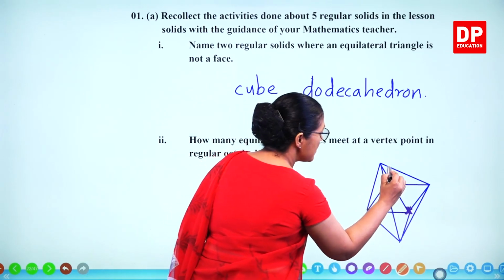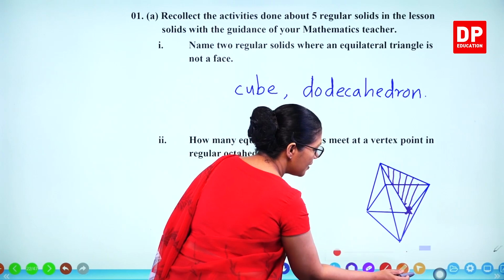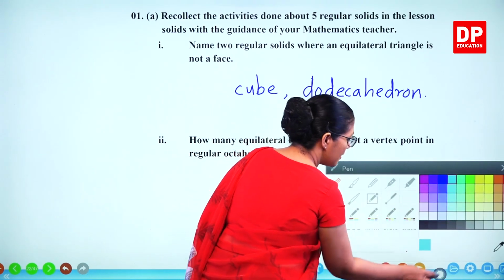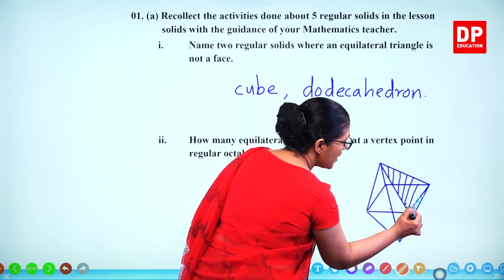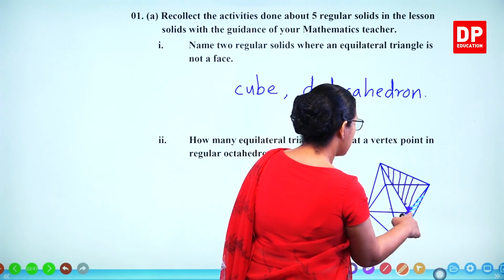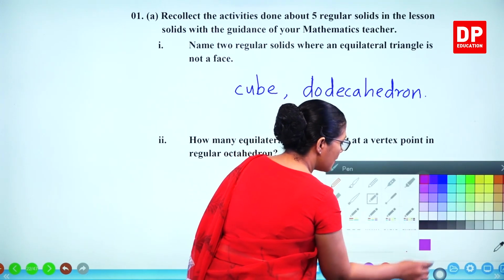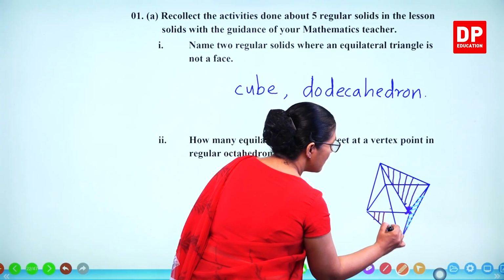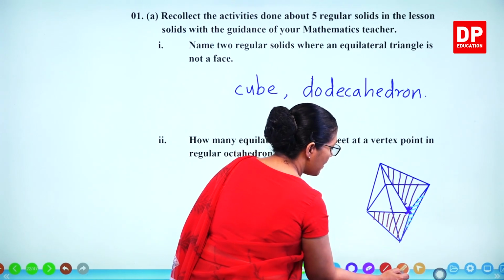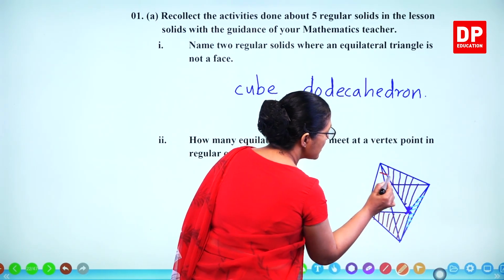So one is this, and the other one is this face, and the other face is this one, and another face is there. So altogether 4 faces meet.